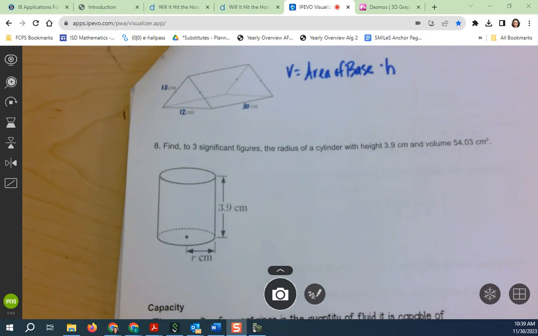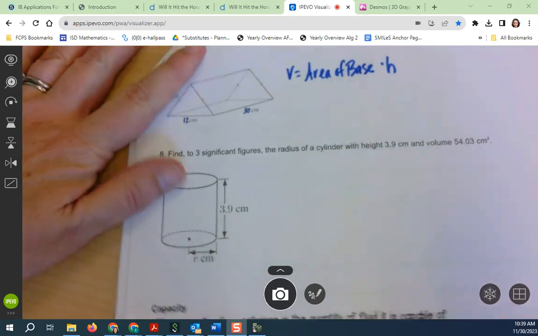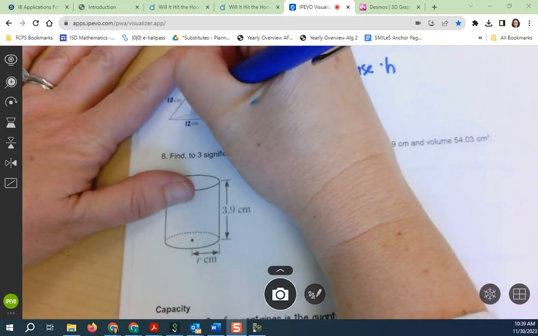All right, I need to find the area of that triangular base. And the formula for the area of a triangle is 1/2 base times height. So what part am I missing? Height. I'm missing the height. Can I find it? Yeah.